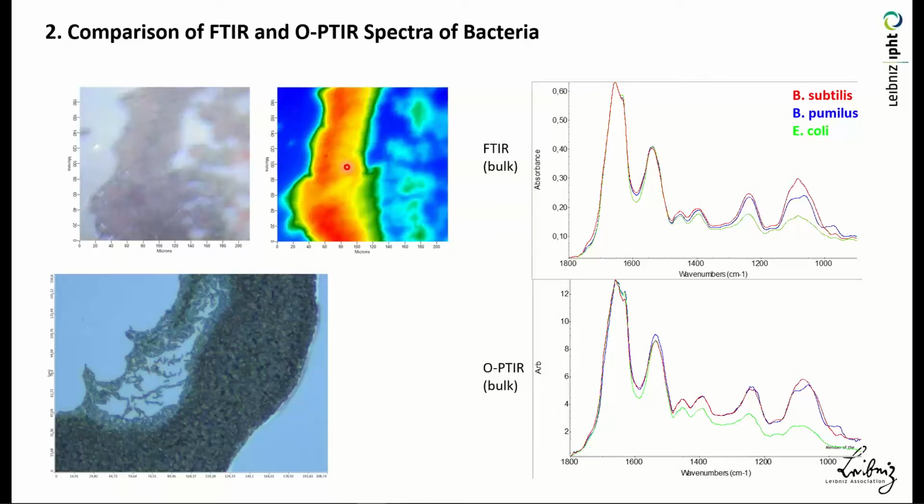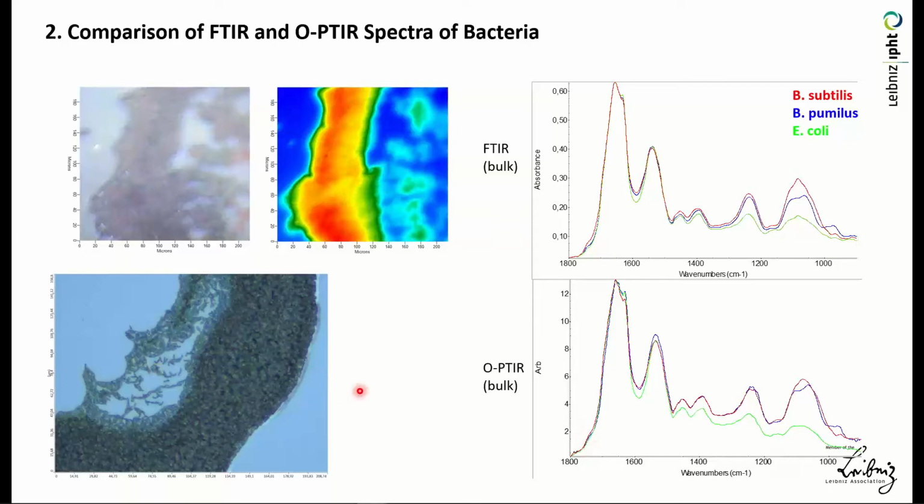Here three average spectra are shown for our use to compare Bacillus subtilis, the red trace, Bacillus pumilus, the blue trace, and Escherichia coli, the green trace. A single bacterium cannot be resolved with the standard configuration of this FTIR microscope.